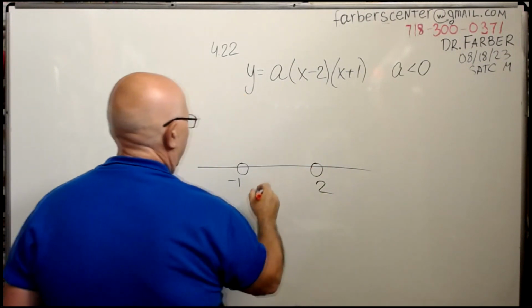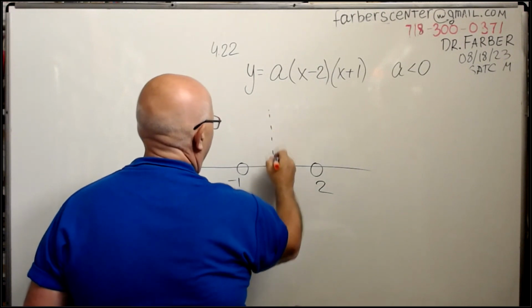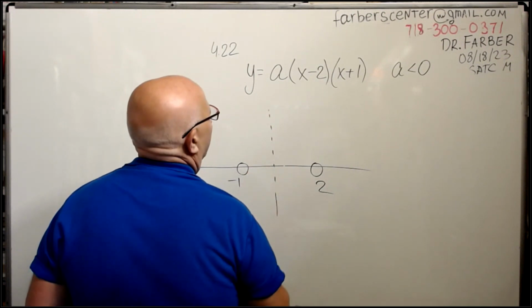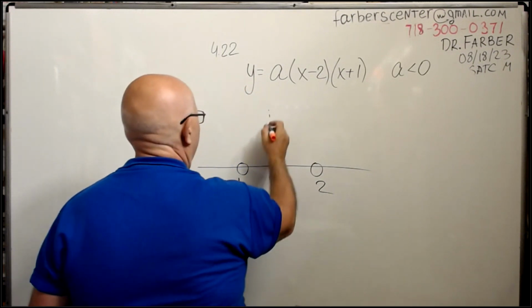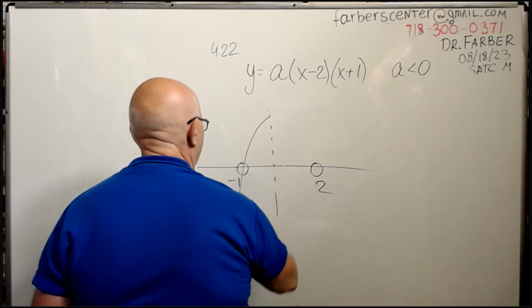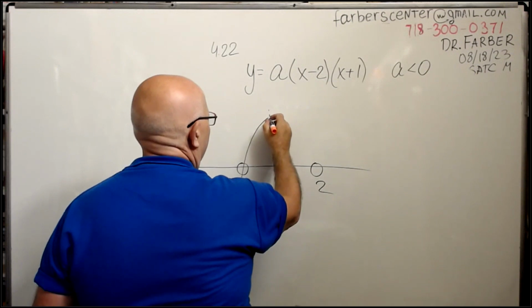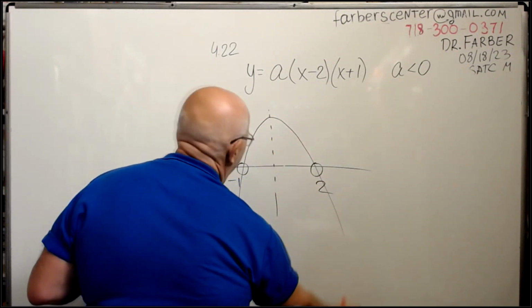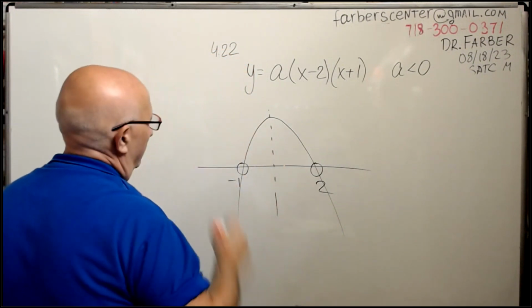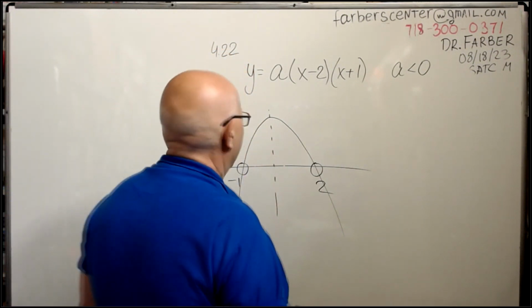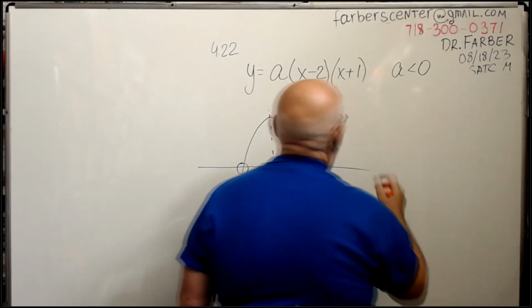Okay, and let me make some color. Okay, and A, they don't provide, I make some picture. We have two branches, this is symmetrical. And you can easily find vertex. How to find vertex?